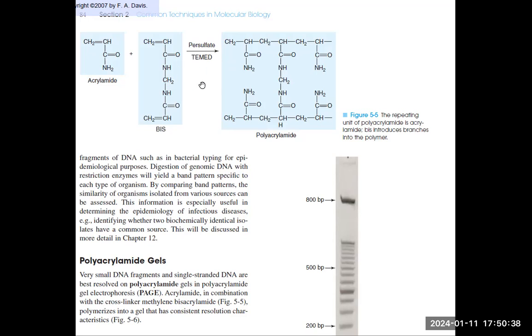However, we can also use another type of catalyst in the form of light activation, and that's our riboflavin plus TEMED. Again, these are catalysts for the polymerization of PAGE. The repeating unit of polyacrylamide is acrylamide, and this introduces branches into the polymer. This is the cross-linker, so we have acrylamide in combination with its cross-linker.